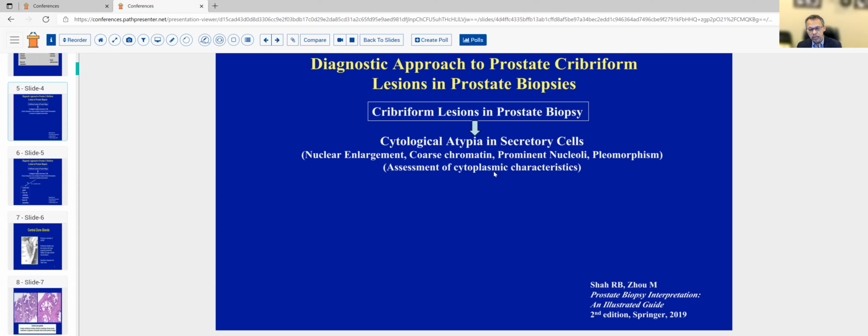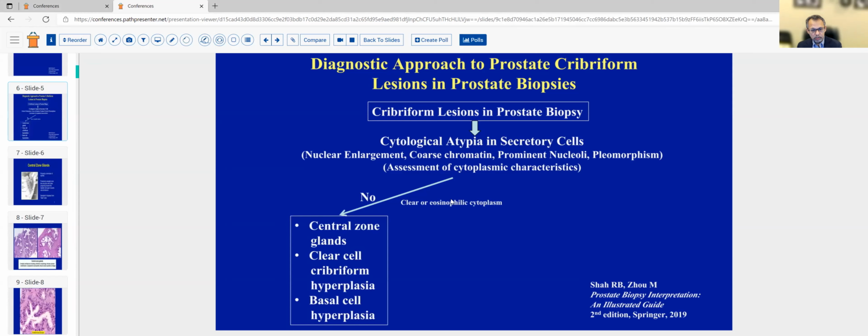Benign processes are typically characterized by eosinophilic or clear cytoplasm, while the atypical spectrum is typically characterized by more amphophilic cytoplasm. So if a lesion has no cytological atypia in secretory cells and the cytoplasm is clear or eosinophilic, then you are dealing with one of these 3 potential situations: central zone glands, clear cell cribriform hyperplasia, or basal cell hyperplasia, and I will talk more about that later on.